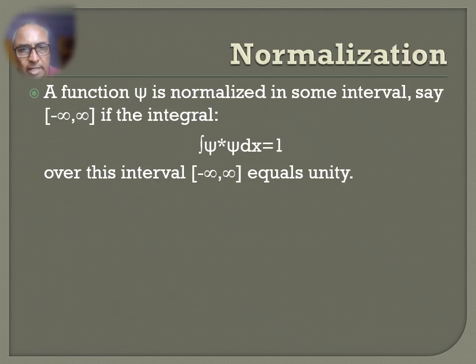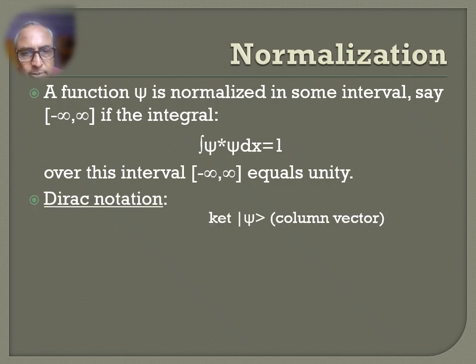A function psi is said to be normalized in some interval, say minus infinity to plus infinity, if the integral of psi star psi dx over this interval is equal to unity. We now introduce Dirac notation for the function psi as a column vector in what is called the ket space. Its dual is the row vector in the bra space.